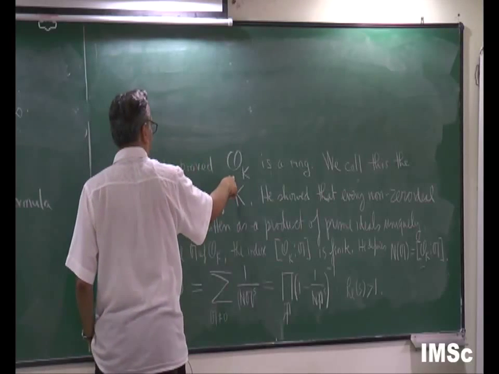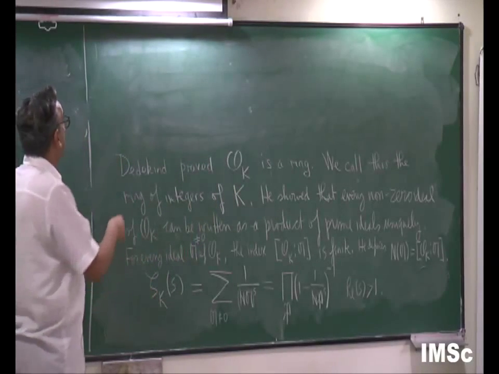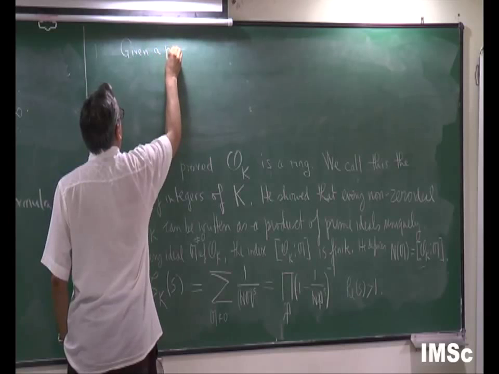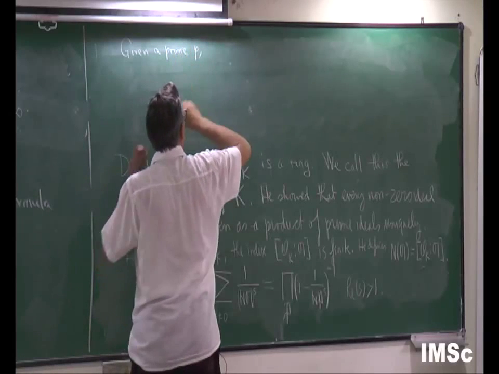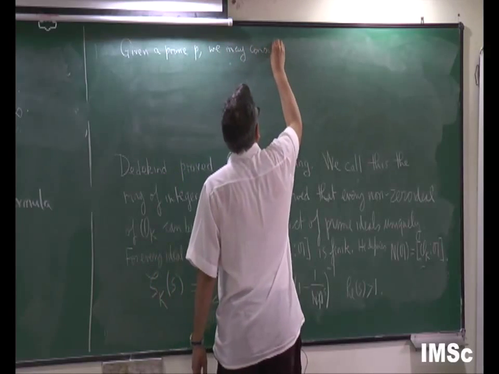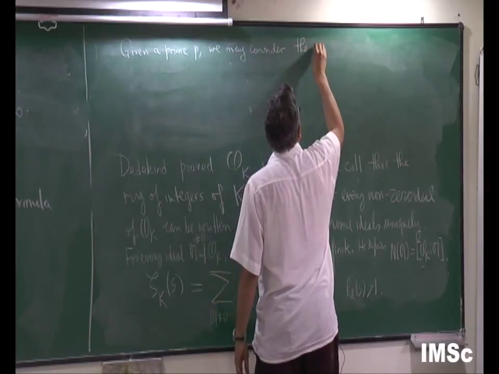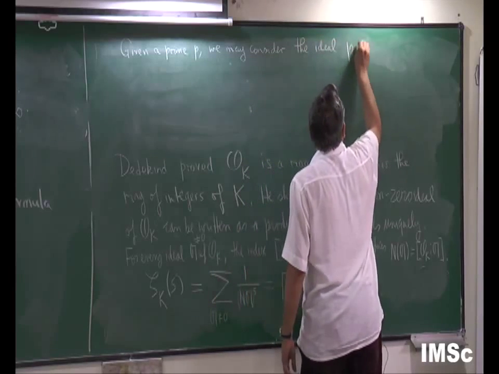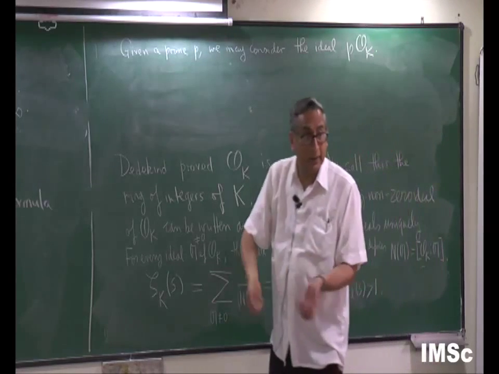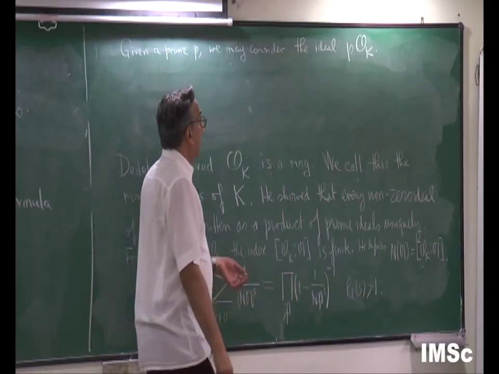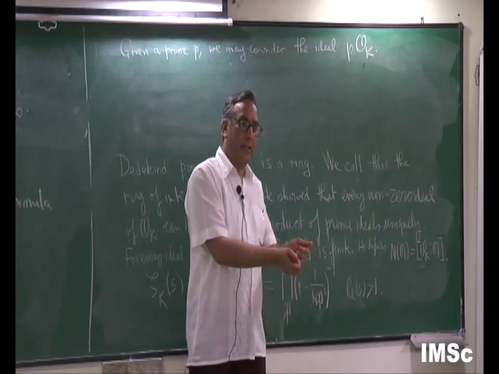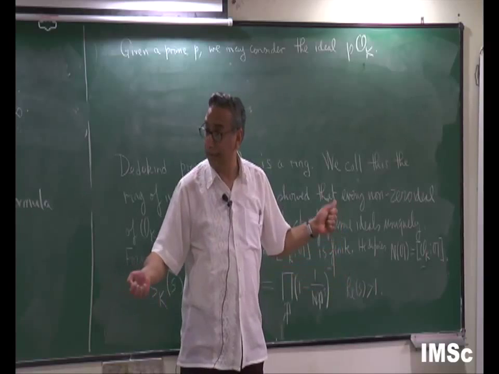Here I have told you that O sub k is a ring, and given a prime p, we may consider the ideal generated by p. The principal ideal in that ring, we consider the ideal generated by p. Now that's a perfectly good ideal. Dedekind's theorem tells me every ideal can be factored as a product of prime ideals uniquely.